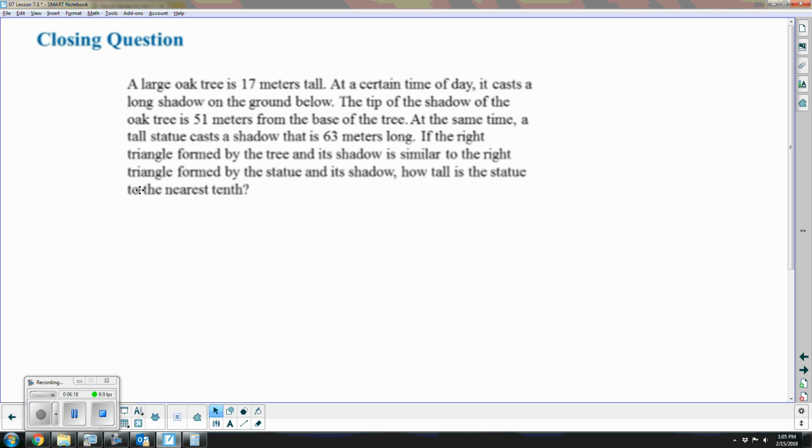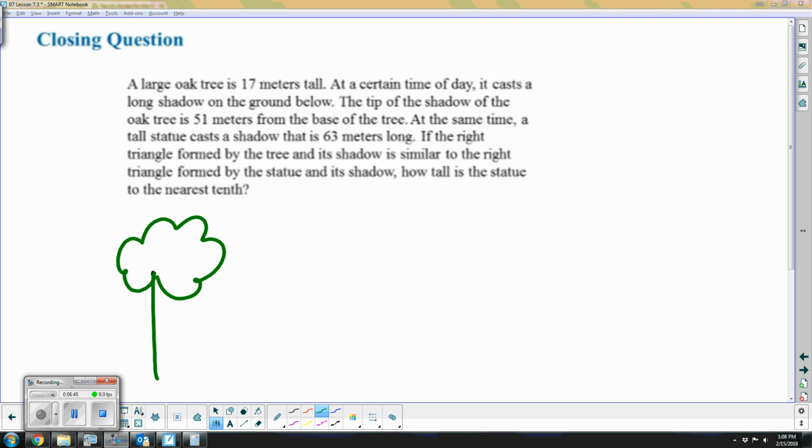So first, read the problem and find out what you're looking for. So we have a large oak tree is 17 meters tall. I'll let you read it. I won't read it out loud to you. Okay, so let's start with our oak tree. So draw something to resemble a 17-meter oak tree.